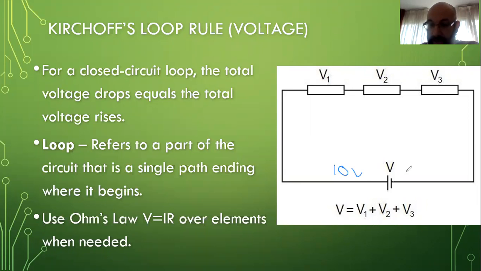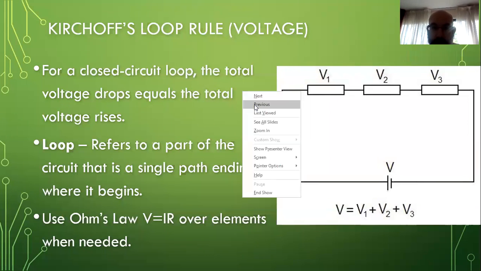And when we get back to here, the voltage has to be 0. So the voltage rise, 10, must equal the voltage spent. We're spending it in V1, V2, V3. These 3 resistors are spending that 10 volts, and when we get back to here, our voltage ends up being 0. That is what Kirchhoff's voltage loop rule is saying.